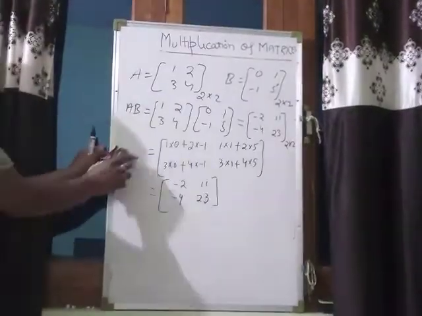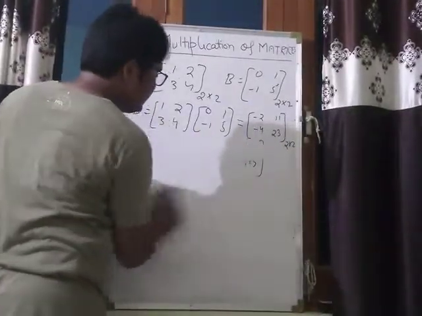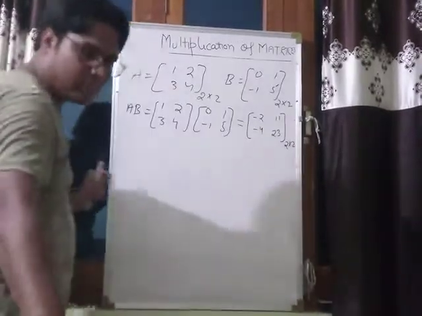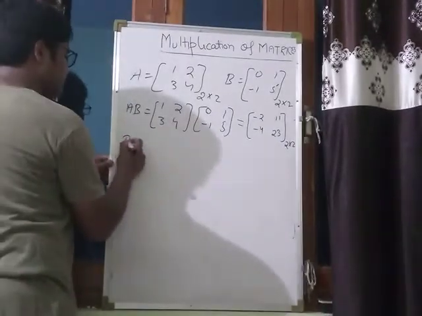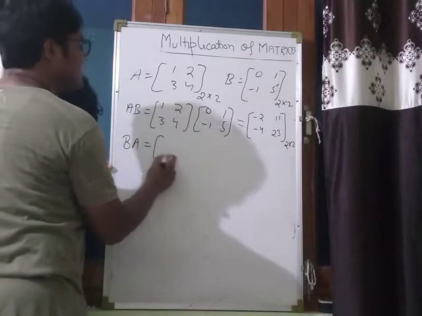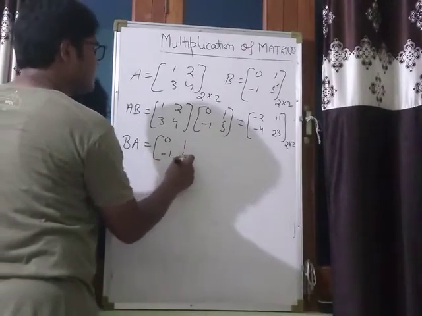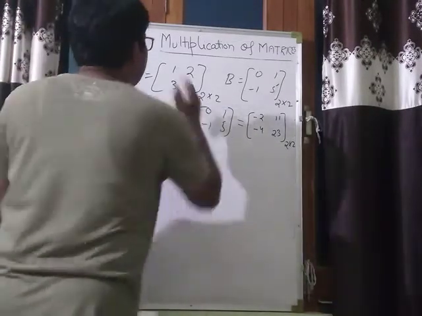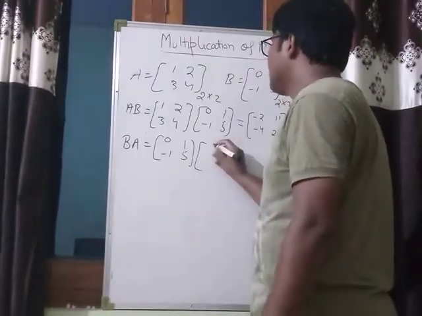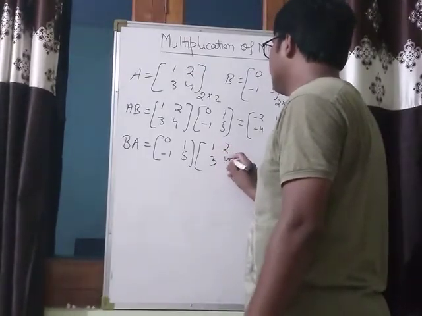Now find out BA. See, this is BA. B is 0, 1, minus 1, 5. And A is 1, 2, 3, 4. Okay.